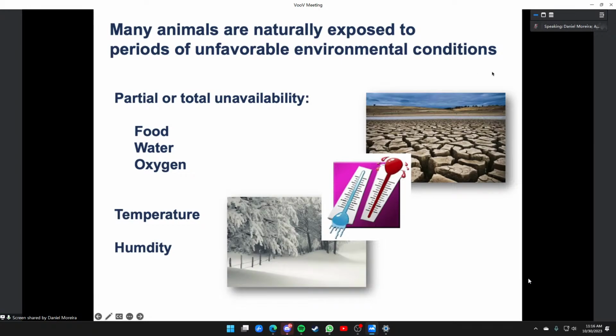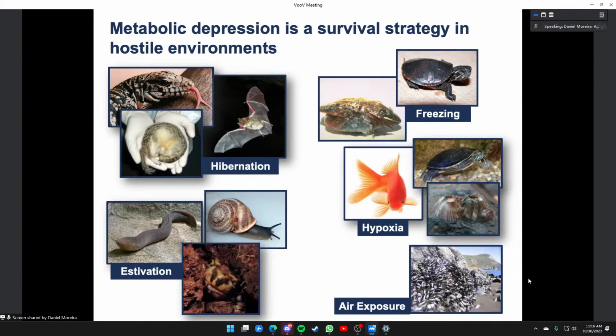So let's begin. Animals are exposed to seasonal lack of resource, and metabolic depression is a widespread strategy to survive during these periods of lack of environmental resource.